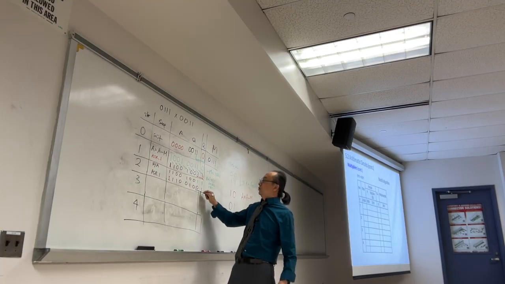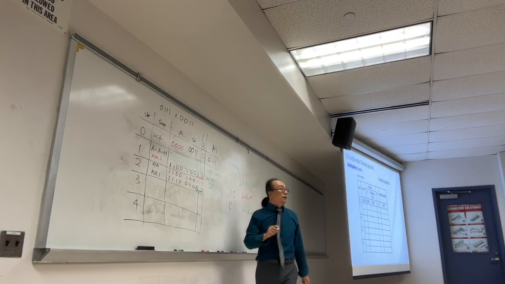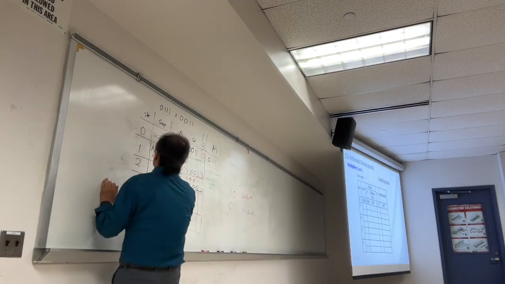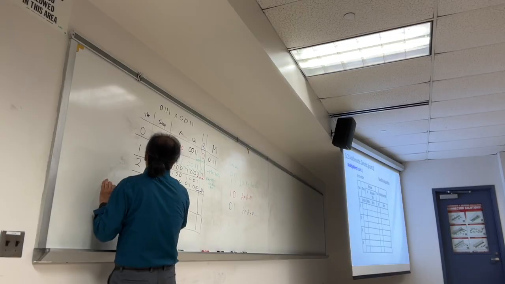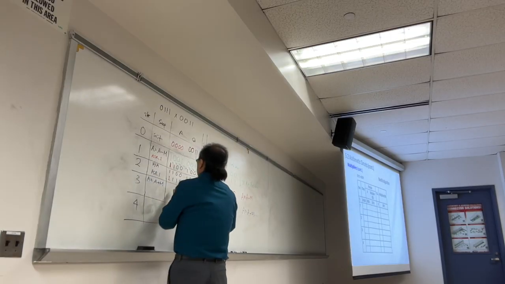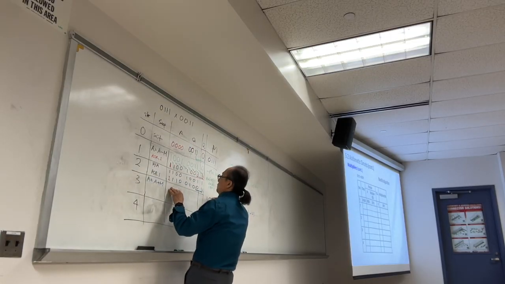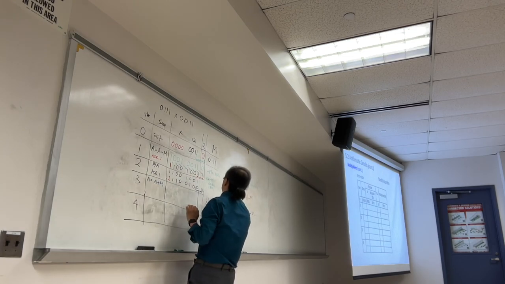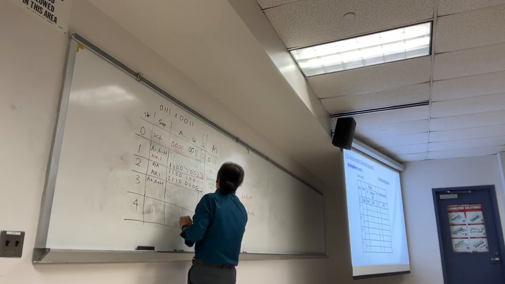Now we'll look at Q0 and Q minus 1. It is 0, 1. So for 0, 1, we need to add. So A equals A plus M. A is now 1, 1, 1, 0. M is what? 0, 1, 1, 1. And add: 1, 0, carry 1, carry 1, 1, carry 1, 0.